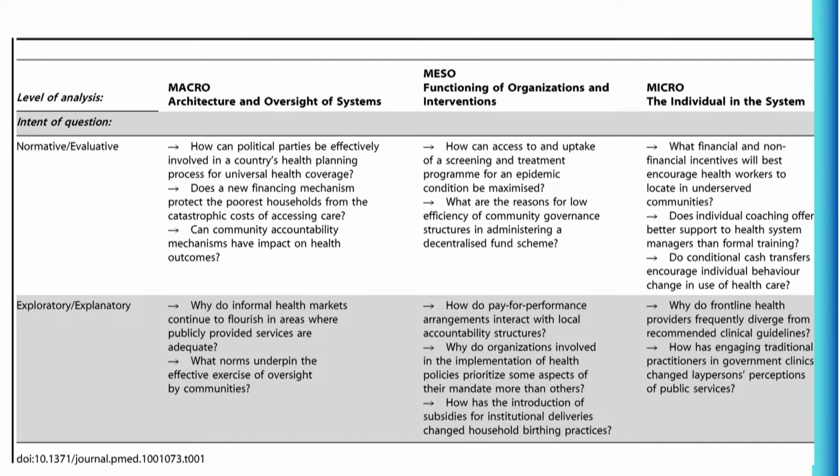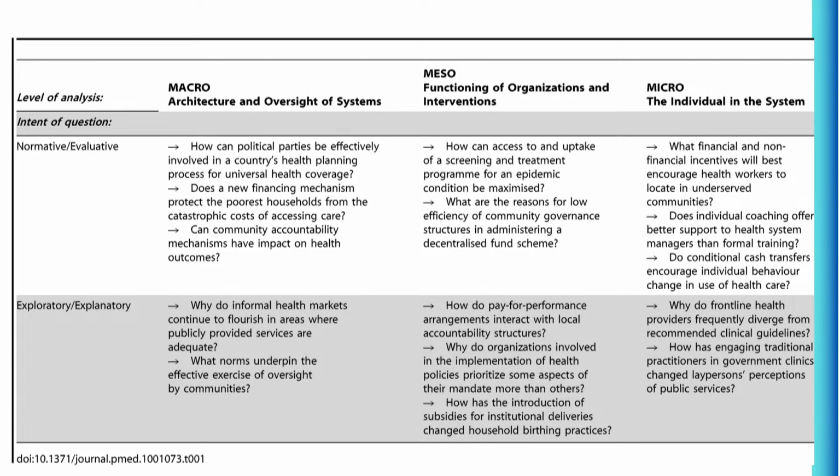Universal health coverage. That's the norm, a goal which is set. And you're asking how they can be effectively involved in this process. So this question assumes that they should be involved in universal health coverage.